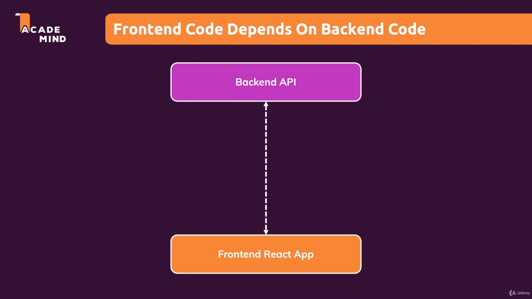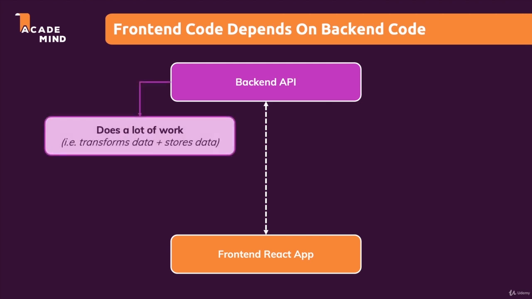Now, if we would have a backend API that does a lot of work, so that does not just store incoming data but also transform it, if we had an API like this, then our front-end application could do less work. It could just send data, like the data for a product that should be added to a cart.